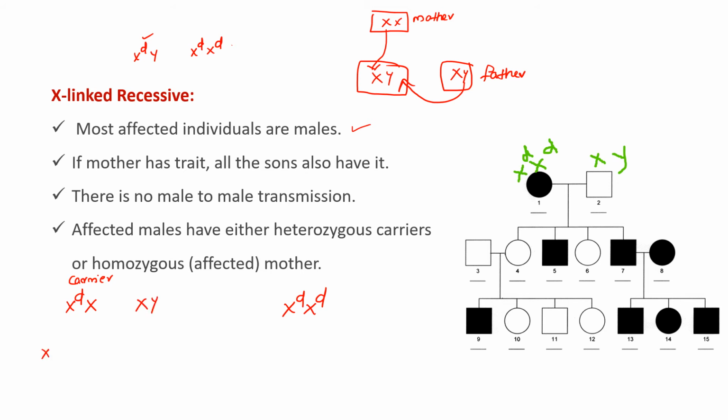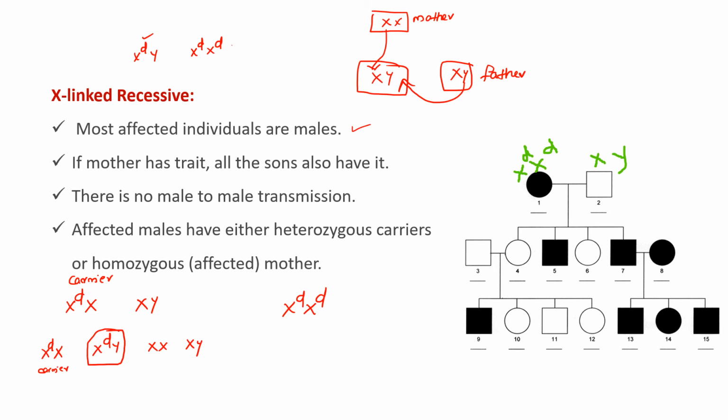So we will get XDXd. This is carrier female offspring. This is affected male offspring. This is normal female offspring. And this is normal male offspring.